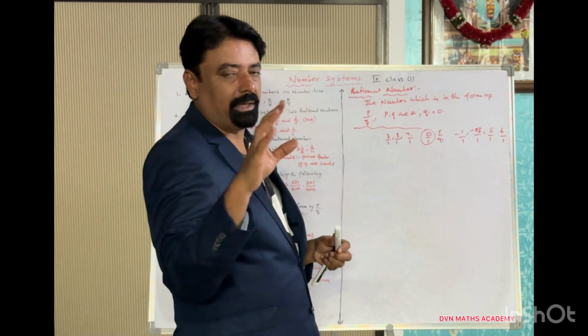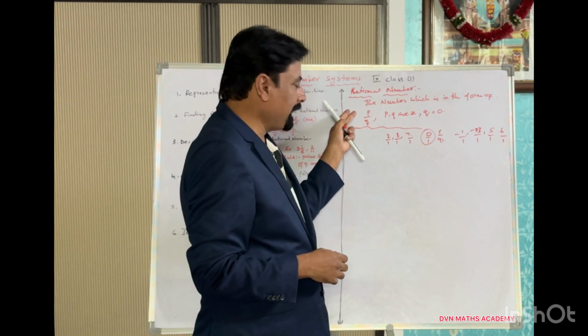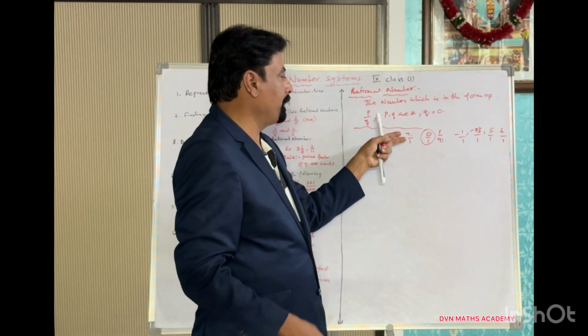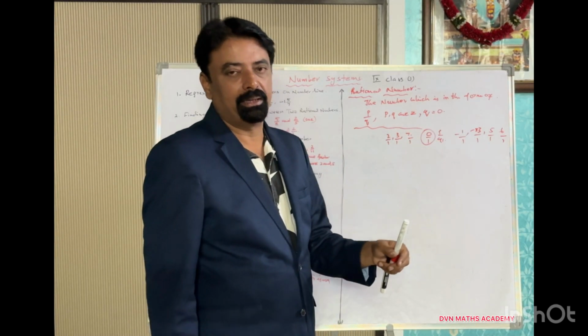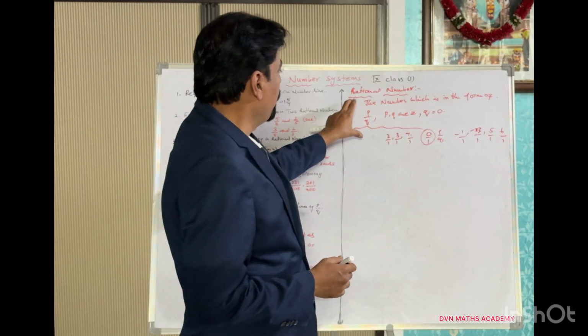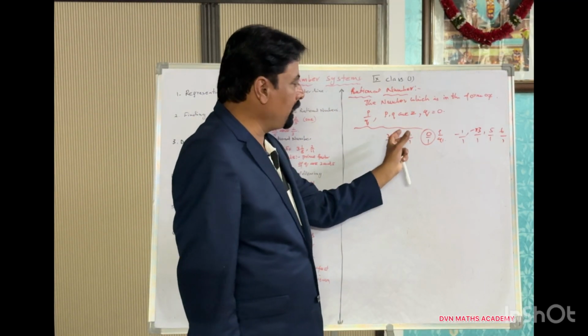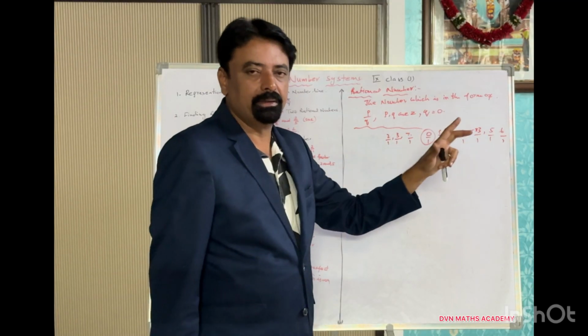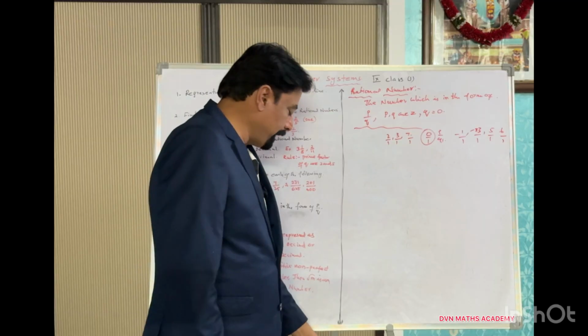We need to explain this concept to all students: first, what a rational number is, how natural numbers are rational numbers, how whole numbers are rational numbers, and how integers are rational numbers. So all natural numbers, all whole numbers, all integers are rational numbers, and this is the definition of a rational number.